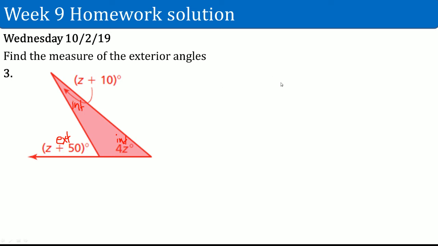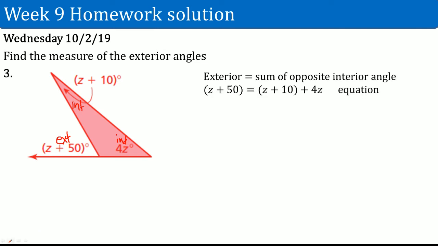So the exterior equals the sum of your two interiors. X plus 50 is your exterior. The sum of your interiors is x plus 10 plus 4z. Distribute. That's how you get rid of the parentheses. You're distributing a 1 to each term.